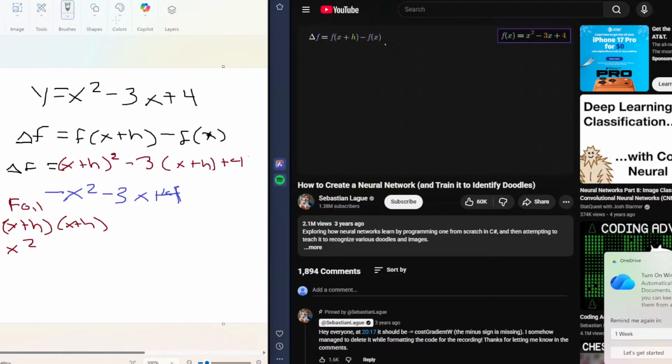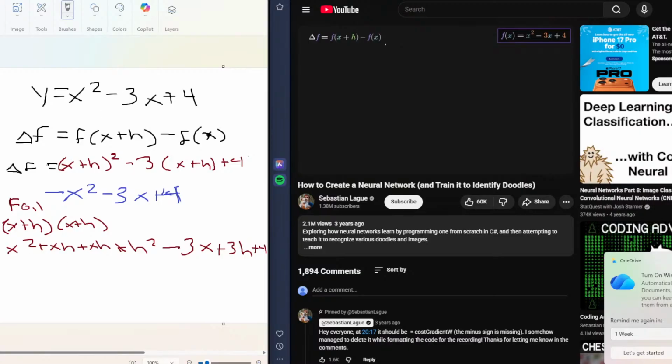You have your outsides, which gives you plus x times h. You have your inside, which is plus x times h. And you have your last, which is plus h squared. All right, minus 3x plus 3h plus 4.